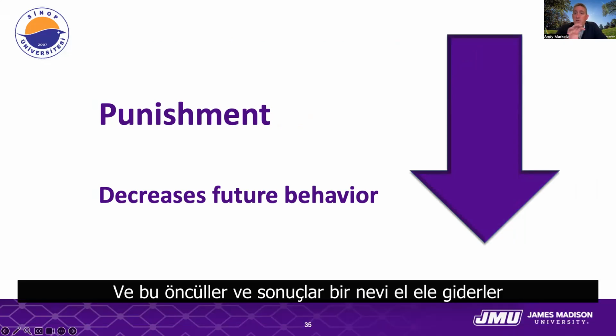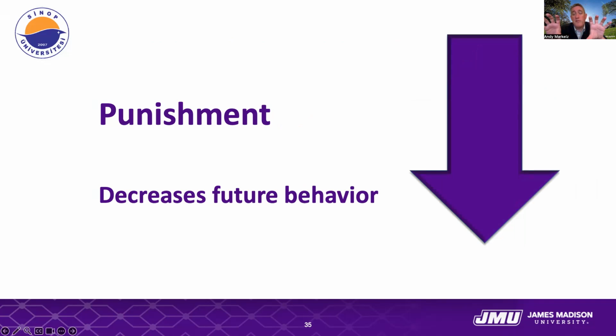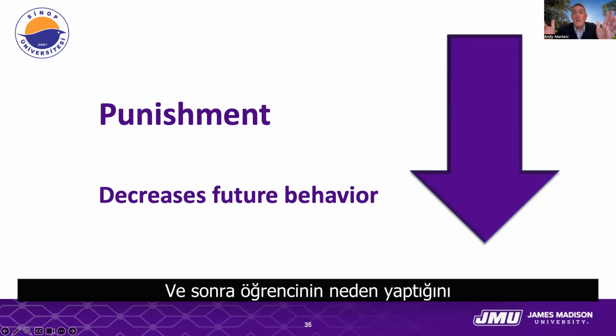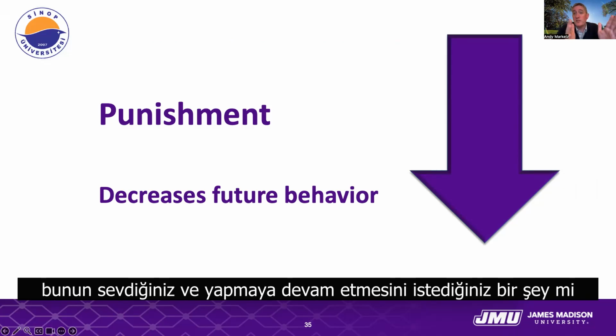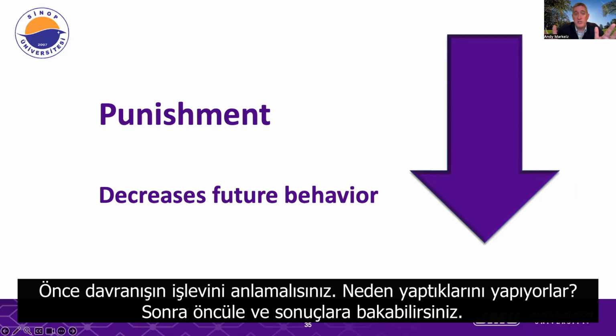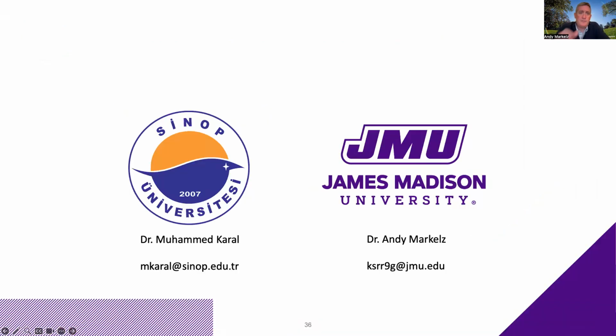And so those antecedents and consequences can kind of go hand in hand, but you first have to take a behavior and break it down into the ABC to kind of understand what's going on, and then look at why the student is doing what they're doing, whether it's something that you like and you want them to continue doing, or whether it's something you don't like and you don't want them to continue. You have to understand the function of the behavior first. Why are they doing what they're doing? Then you can look at the antecedent and the consequences.